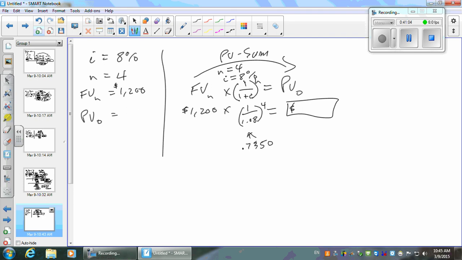If I invest 73 and a half cents at 8% interest for 4 periods, it becomes $1, right? I'll earn 26 and a half cents. Okay, 1,200 times each one of those, it must be what it's worth now. How much is that? What was it? 882.